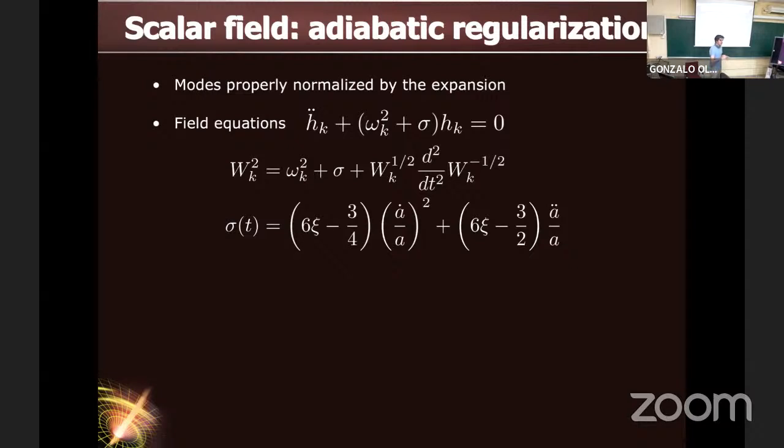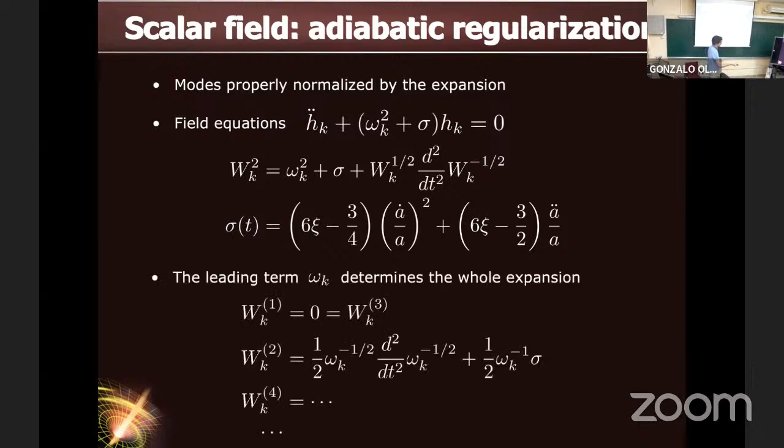If your spacetime, your cosmological spacetime, is slowly evolving, its time or spatial derivative will be smaller than the previous one. So in that sense, at the leading order, you can neglect the time derivatives. This sigma, as it has second order time derivatives, is of adiabatic order two, so you can also neglect that. And W at first order is just omega.